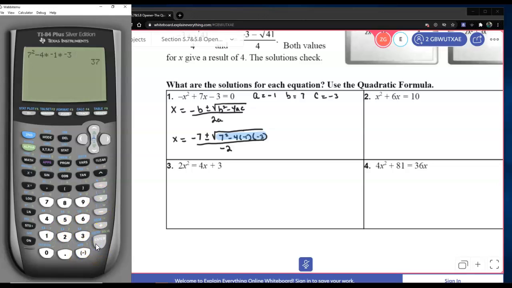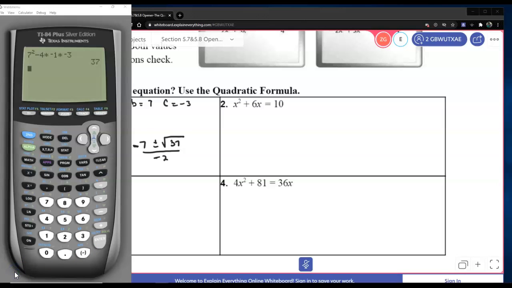And let's see what we get. 37. So our answer for this quadratic is going to be -7 plus or minus the square root, and inside the radical is what we call the discriminant, so it was 37, divided by -2. So you would leave it in that form.